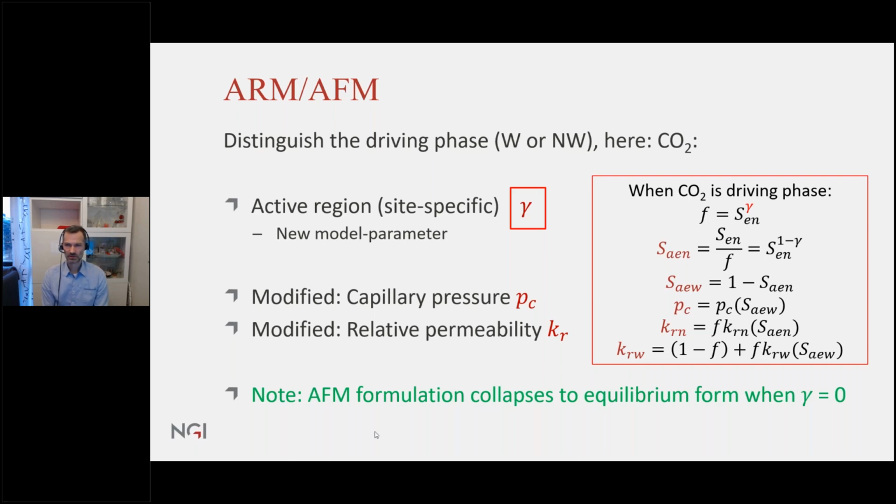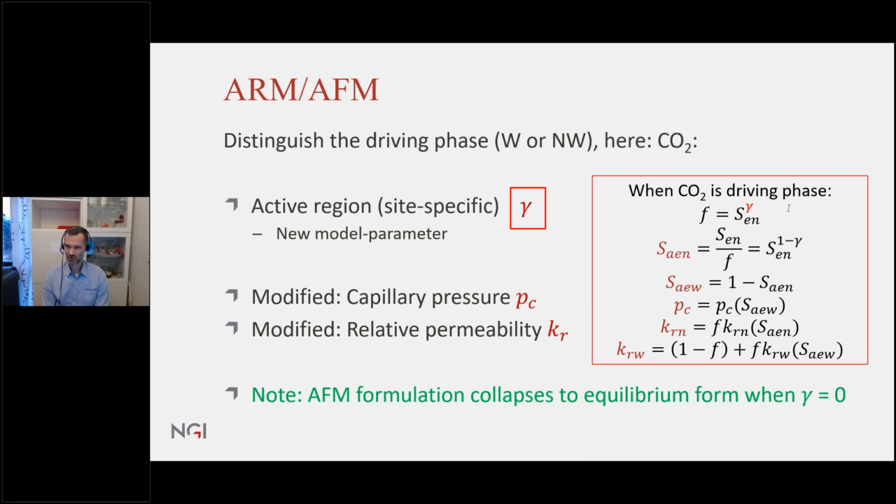Once this is known, then solving the model is just as usual. You specify some capillary pressure and some relative permeability curves, but with the modification that instead of using the effective saturation in the capillary pressure and the relative permeability, we now use what we call the active region effective saturation.